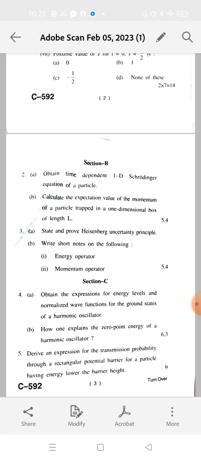Section C. Question number 4, A part. Obtain the expressions for energy levels and normalized wave functions for the ground states of a harmonic oscillator.